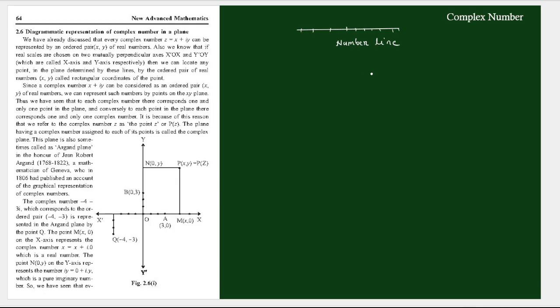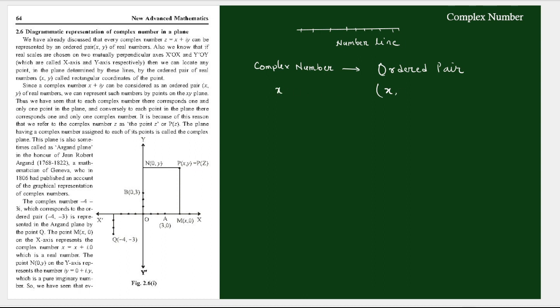So earlier we have discussed that complex numbers can be written in ordered pairs. So the real number is your x.